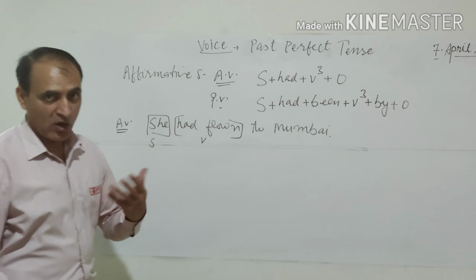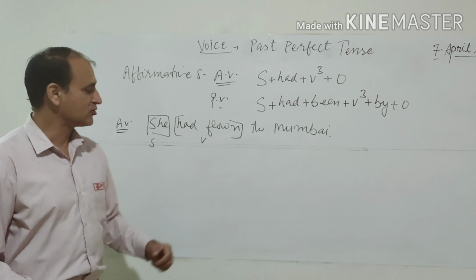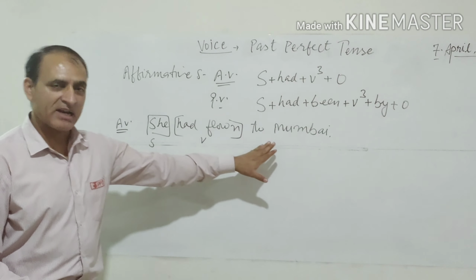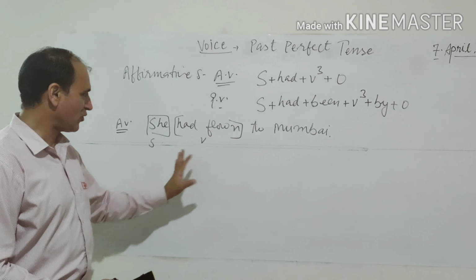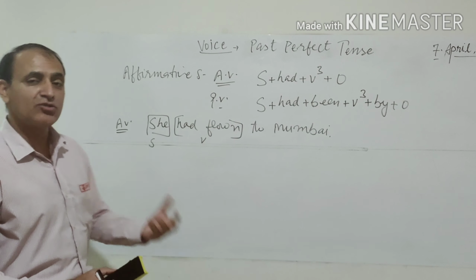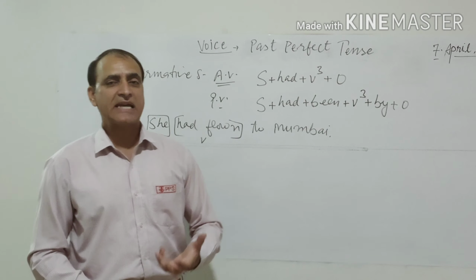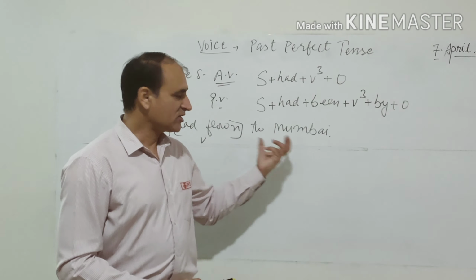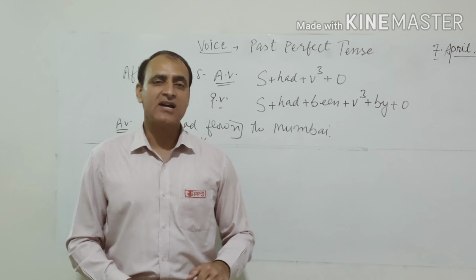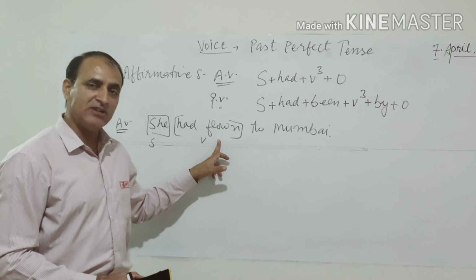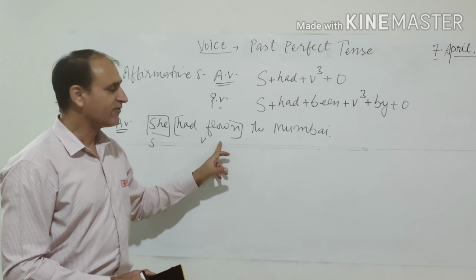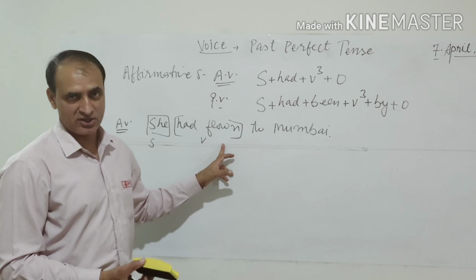And now we have to find out the object first, because we'll start our passive voice by changing the object into subject. So what is the object over here? As I told you, whenever you want to get the object of the sentence, you need to ask a question using the main verb of the sentence. So had flown. She had flown what?